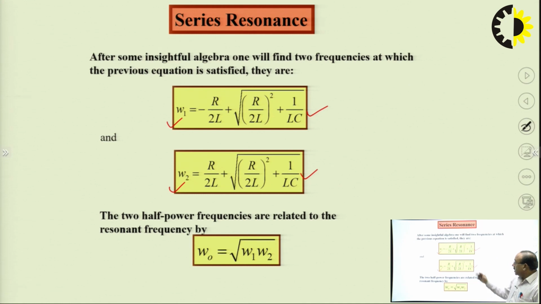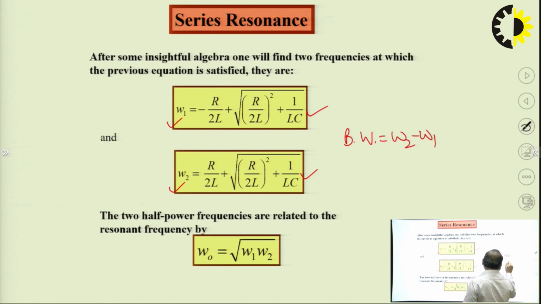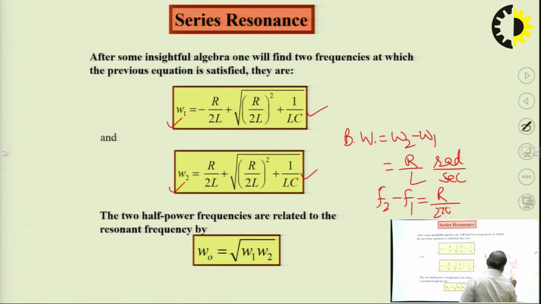From this we can find the bandwidth, that is omega 2 minus omega 1, and that will come out as R by L radian per second. This can also be written as F2 minus F1, upper half power frequency minus lower half power frequency, and that will be R upon 2 pi L hertz.